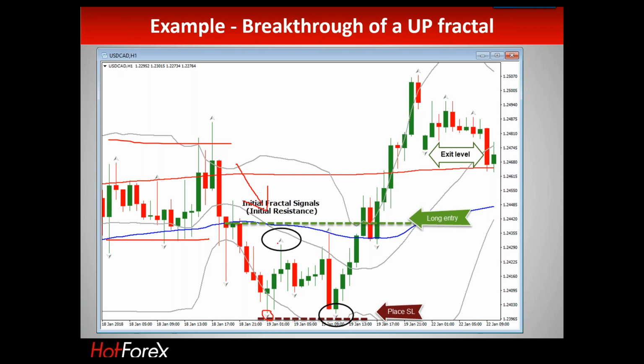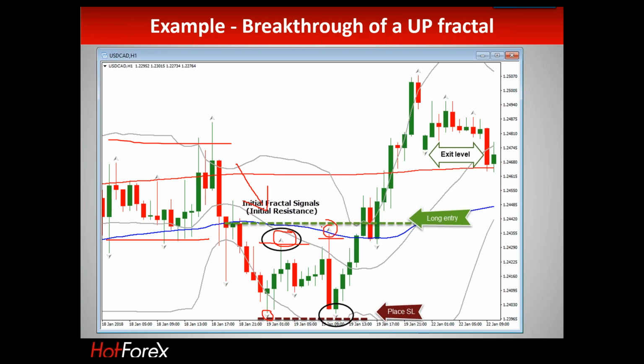Then it rebounds a bit, didn't manage to go higher, down again, up again, a second consecutive up fractal. So by seeing this second consecutive up fractal, you know that this is a quite strong resistance area.